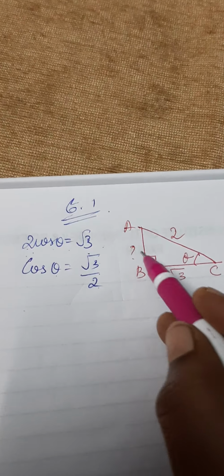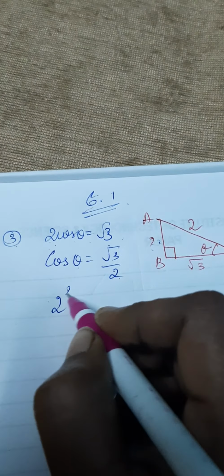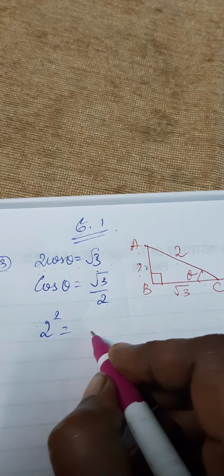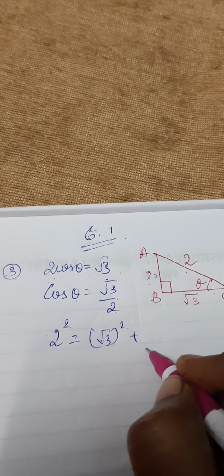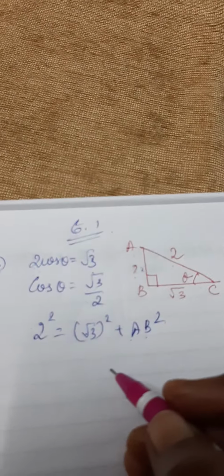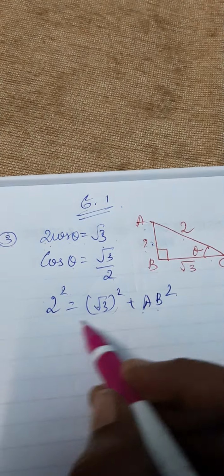So using Pythagoras theorem, 2 square, which is the hypotenuse square, is equal to adjacent square, that is root 3 the whole square, plus AB square. So we can find out what is AB now, what is the opposite side. 2 square minus root 3 the whole square will be AB square.